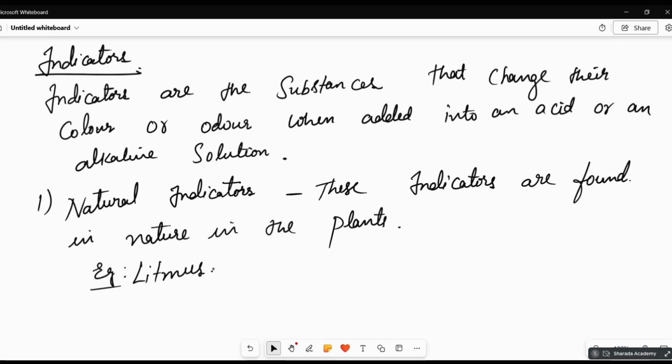So, indicators: there are two types. One is natural indicators, the other is artificial indicators. Natural indicators means that we directly get them from nature. So what do these indicators do? They change their color or odor with acidic and basic mediums.